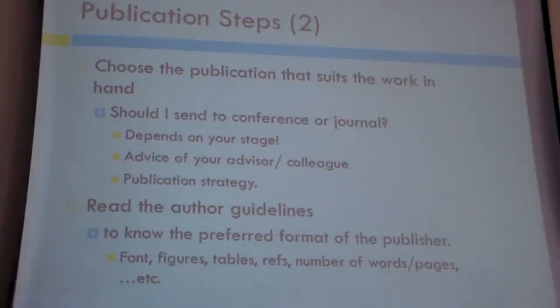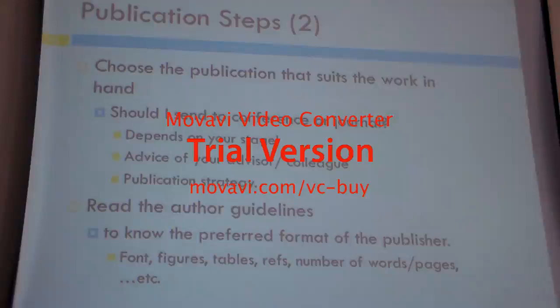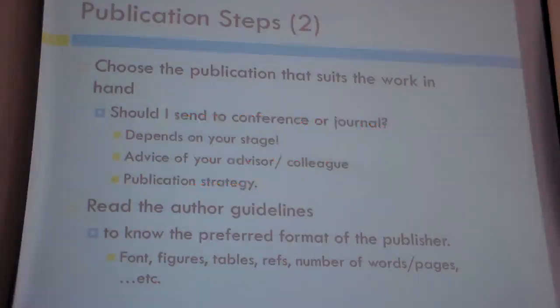Read the author guidelines. In every conference or journal, there are some author guidelines. If you fail to follow the guidelines of the journal and send your paper, maybe you are wasting time because they will return it to you because you didn't follow the guidelines. So what are these guidelines?